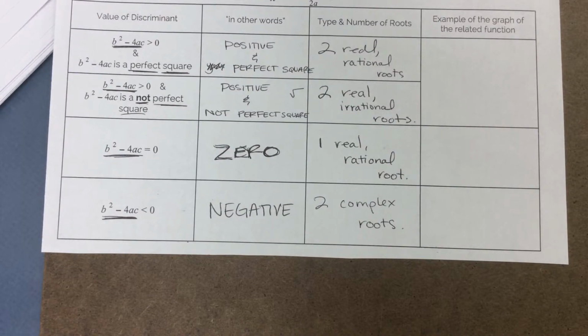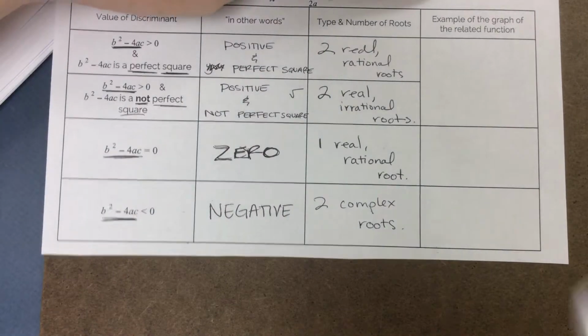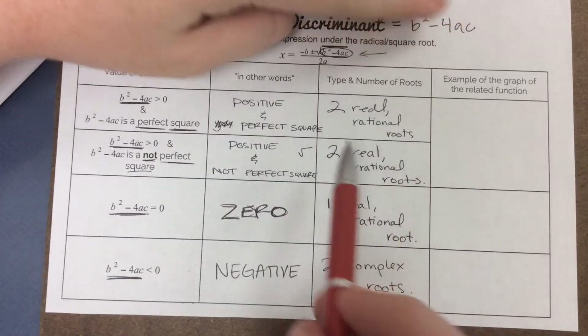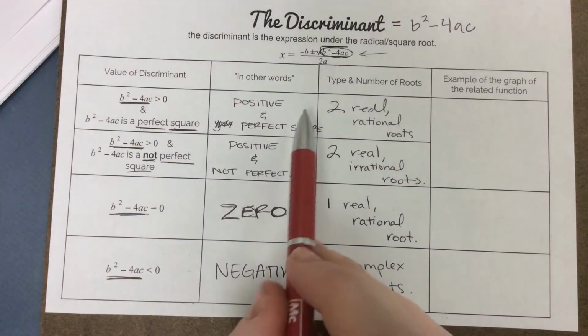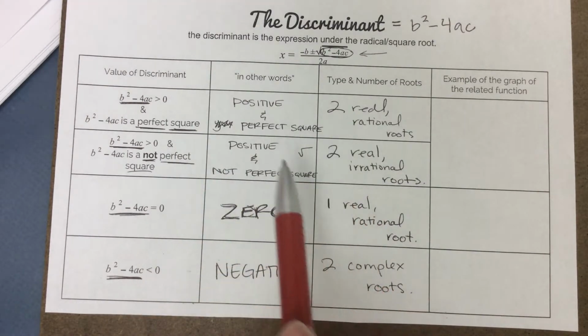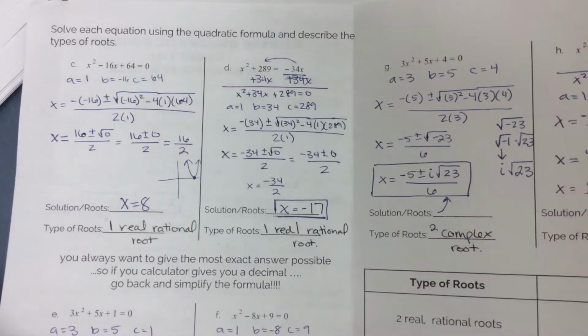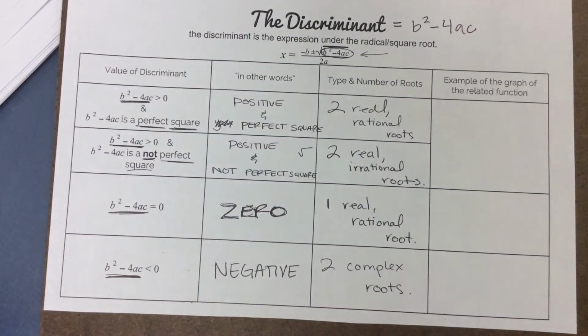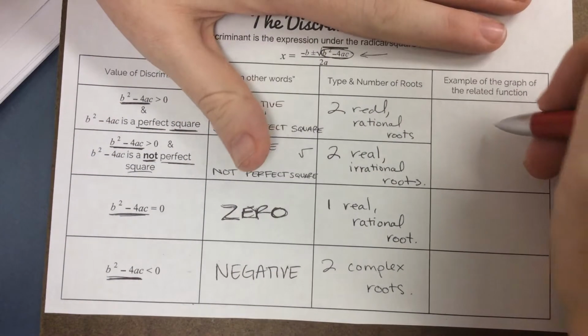Okay. The last thing we're going to look at is if we were to graph all of these equations, if we were to come back to these notes and graph them all, this is what you would see on your graph.